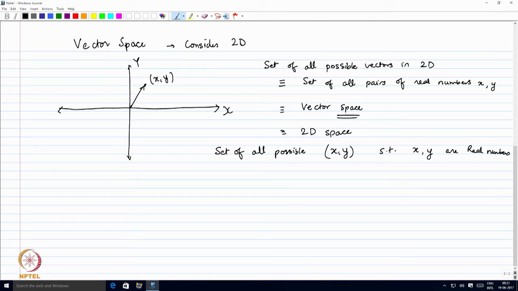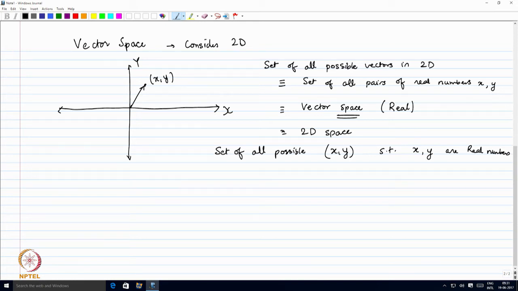And this constitutes a vector space, and in particular it is a real vector space, because we insisted that x and y should be real numbers. So, the set of all possible vectors in 2D constitutes a real vector space, and this is a two dimensional real vector space.